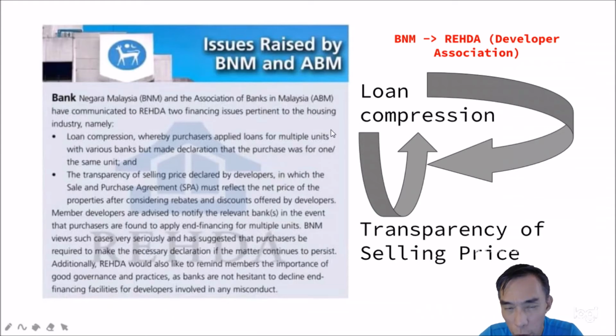All these issues happen because developers are trying to sell and scammers are trying to get money fast, and therefore the bank issues a loan which is not matching, or is overinflated, compared to the real property price. We will talk more about it in detail in the government policy part.